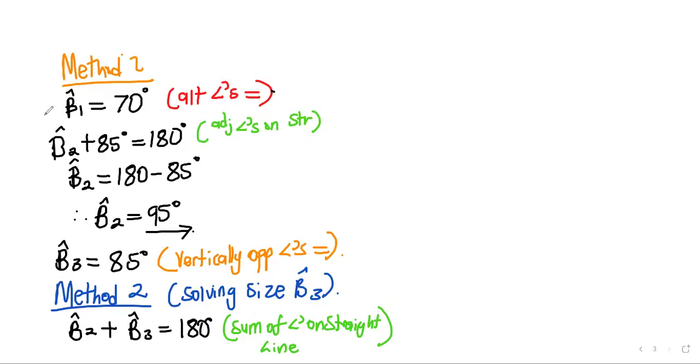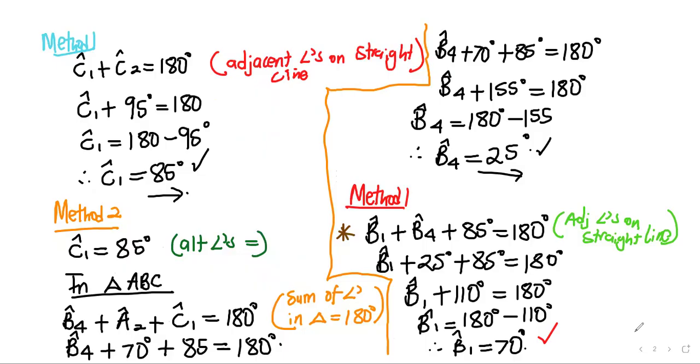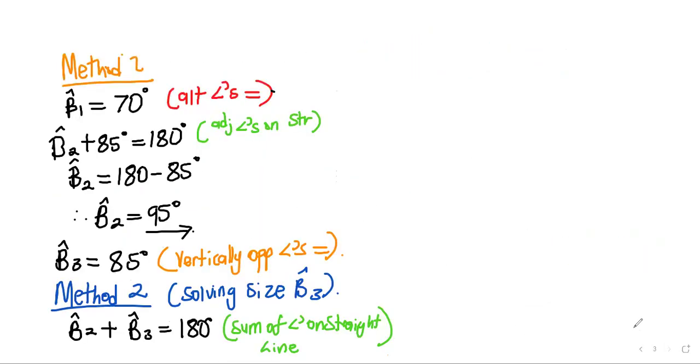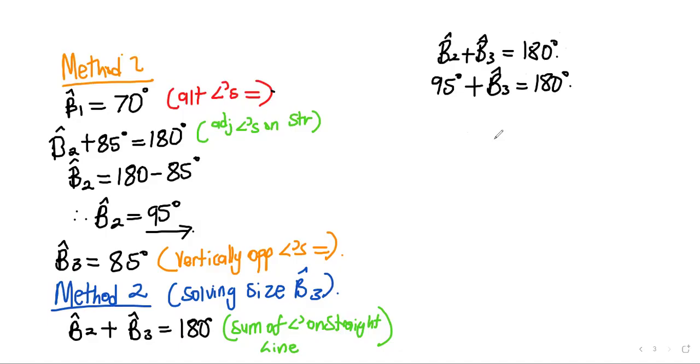Then, as we continue, let's check the size of angle B2. We got 95. So B2 plus angle B3 is equal to 180 degrees, and B2 is 95. You substitute it: 95 plus angle B3 is equal to 180 degrees.